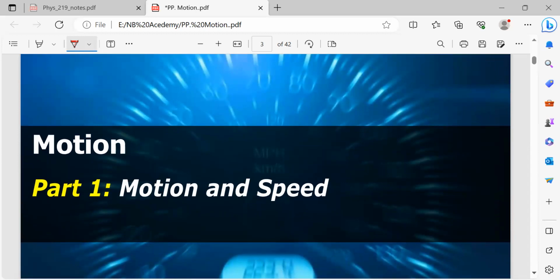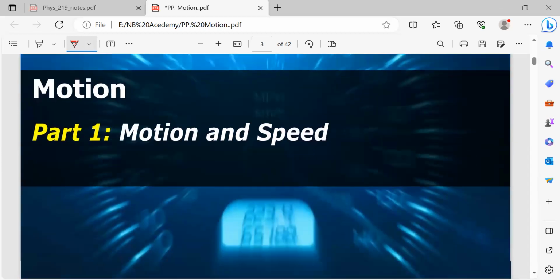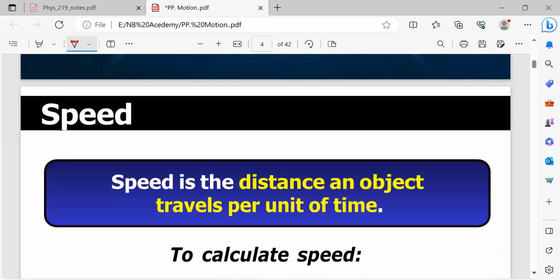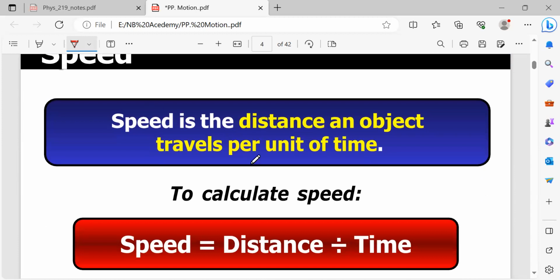So here we have part one. It's about motion and speed. So what is speed? Speed is the distance an object travels per unit of time. So if I say that the body is moving with speed 2 meters per second, what does it mean?